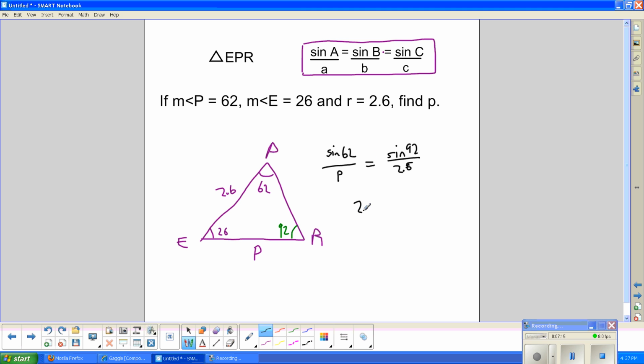So we multiply across. We get 2.6 sine 62 equals p sine 92. Well, to get p alone, all I've got to do is divide both sides by sine 92.